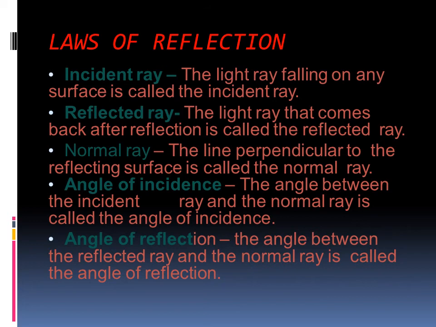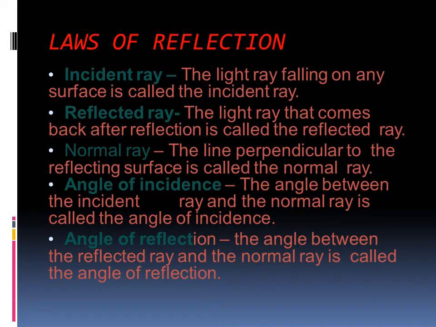Then we have another term, the reflected ray. What do we mean by reflected ray? When the incident ray falls on a surface and is reflected, that is called the reflected ray. The light rays that come back after reflection are called the reflected rays.